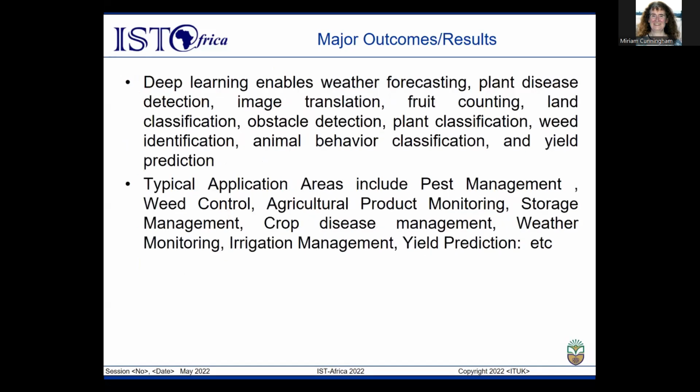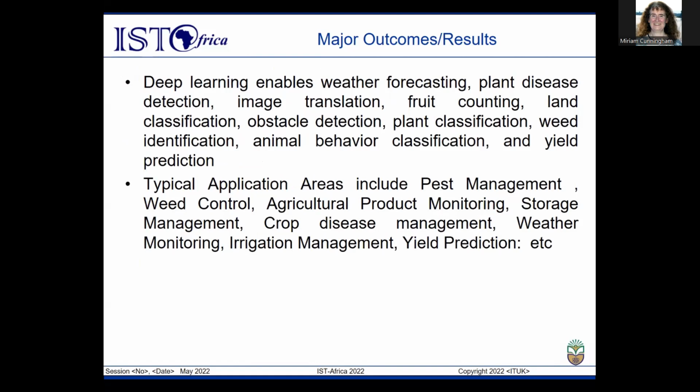In addition, deep learning is used in agriculture to enable weather forecasting, plant disease detection, image translation, fruit counting, land classification, obstacle detection, plant classification, weed identification, animal behavior classification, and yield prediction.